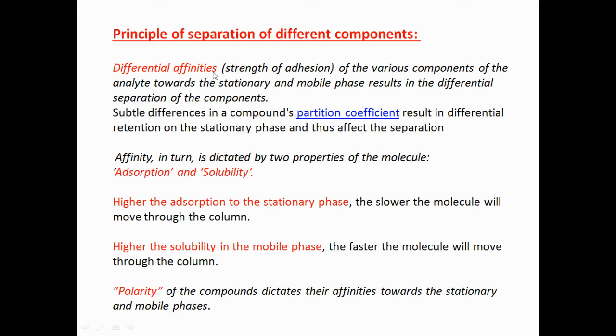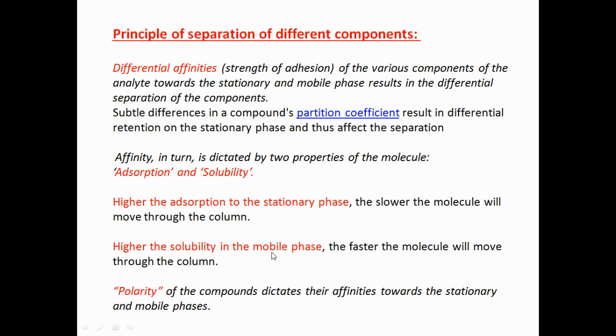Suppose the adsorption of the sample is more towards the stationary phase. As the affinity is more towards the stationary phase, the distance traveled by the sample will be less. We can say that the molecule will travel very slowly because it is showing more affinity towards the stationary phase. If it is soluble in the mobile phase, or showing more affinity towards the mobile phase, that sample will travel faster, to a larger extent.